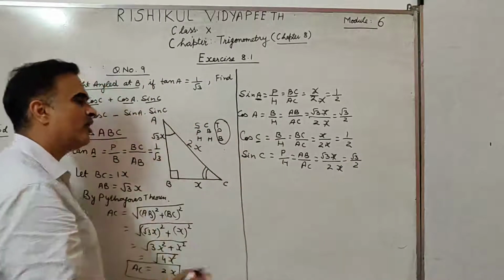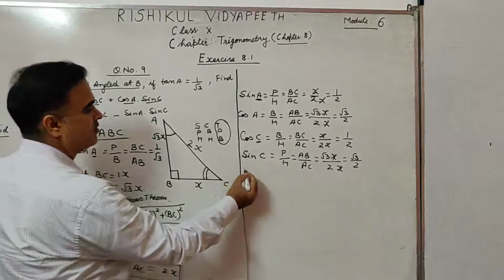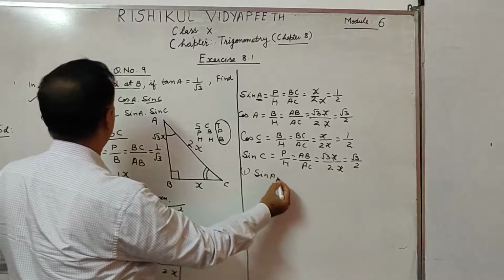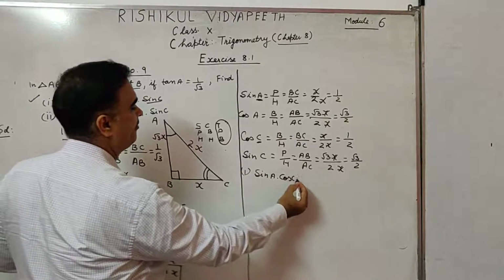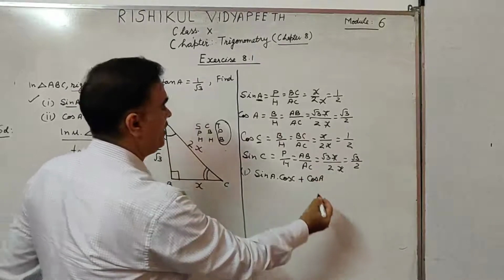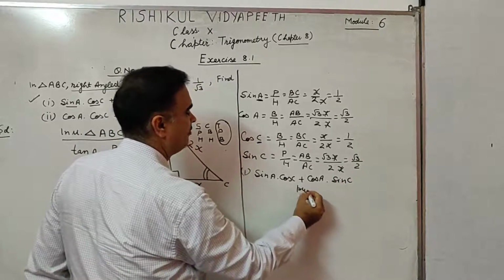Now you are not to do anything. You are to just put the values. In the first case, what is the first case? Sin A into cos C plus cos A into sin C. Putting values.